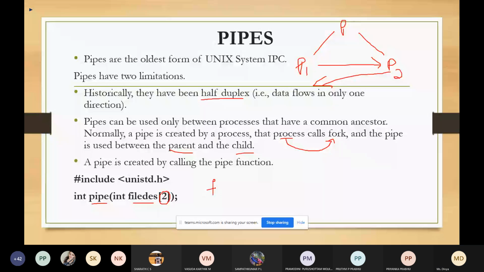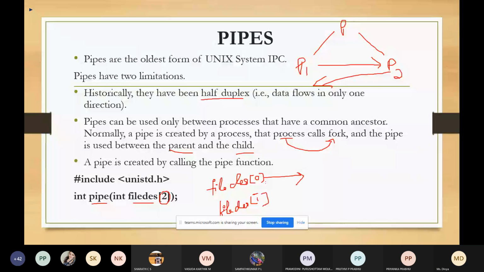One is file descriptor 0, and the other is file descriptor 1. So there are two file descriptors for the pipe. File descriptor 0 is open for reading. A descriptor is something like a pointer.